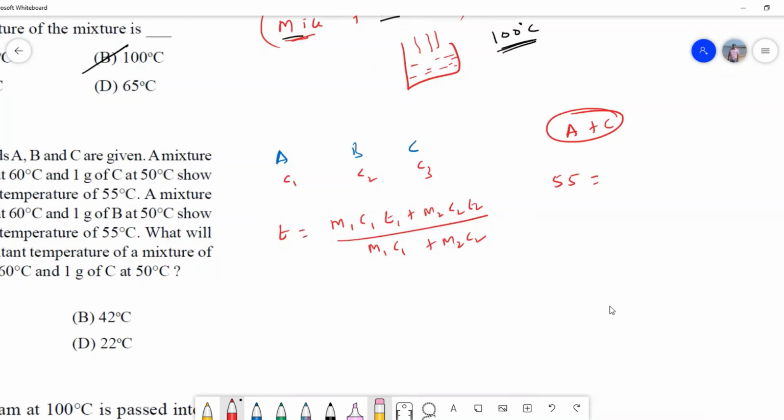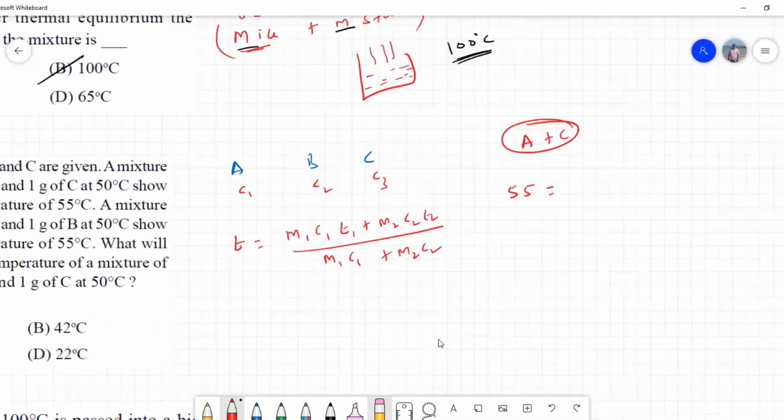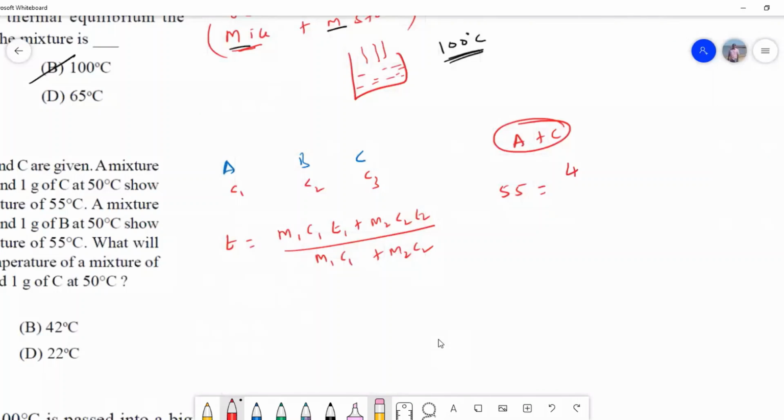How many grams of A? 4 grams of A at 60. So 4 C1 into 60 mixed with 1 gram of C3 into 50, whole upon 4 C1 plus C3. So now we want to simplify that.